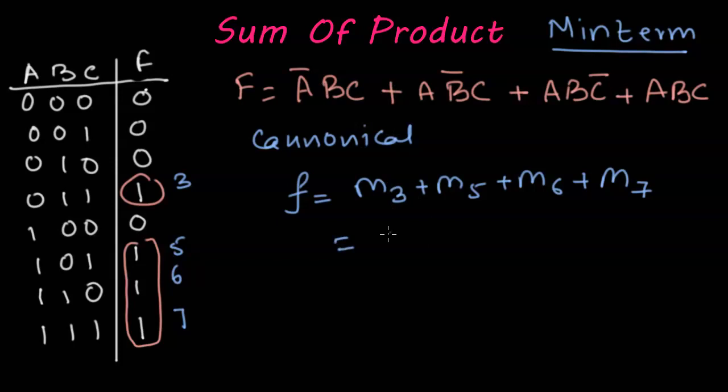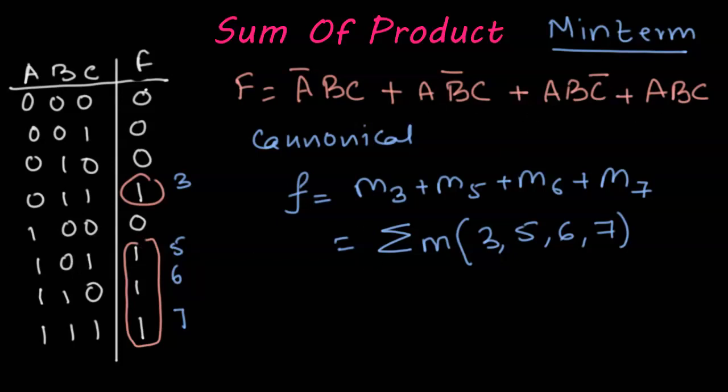Because it's a sum of products, it can be written as the sum of the minterms, small m, for 3, 5, 6 and 7. If ever given the opposite form, to write the canonical expression from these numbers, 3 means 0, 1, 1 in binary, so A bar, B, C. 5 is 1, 0, 1, and so on.